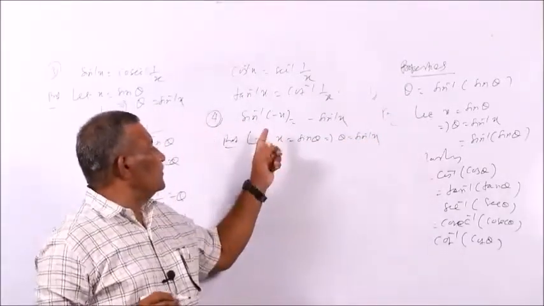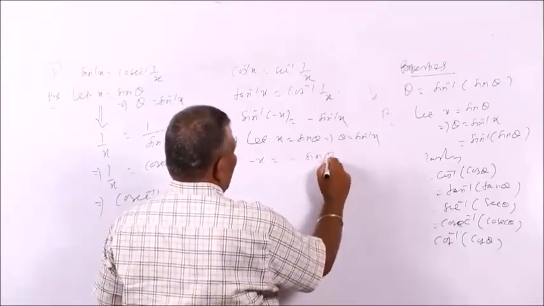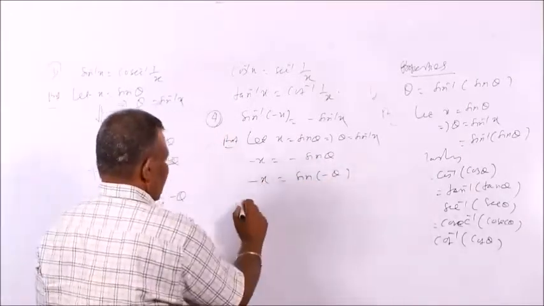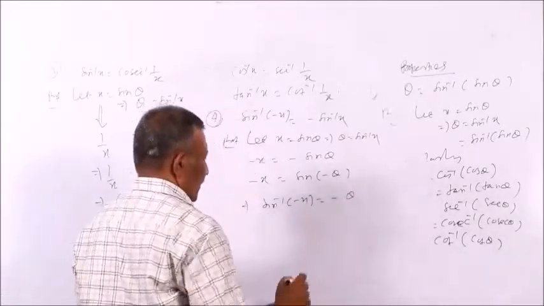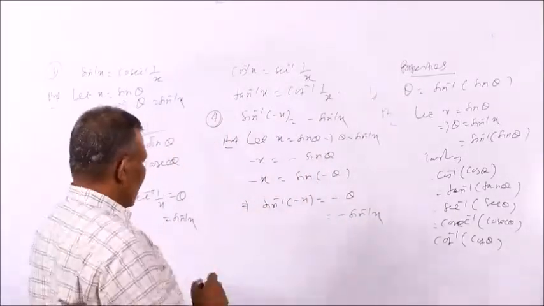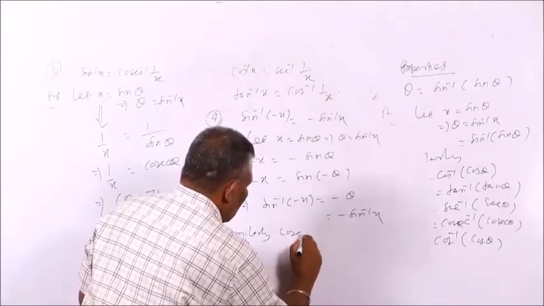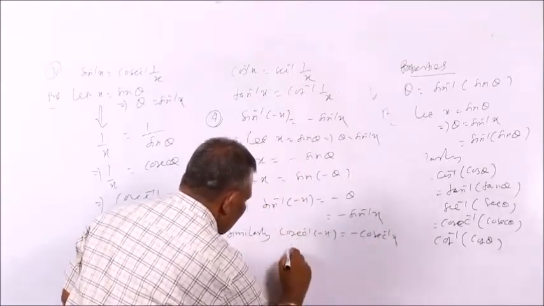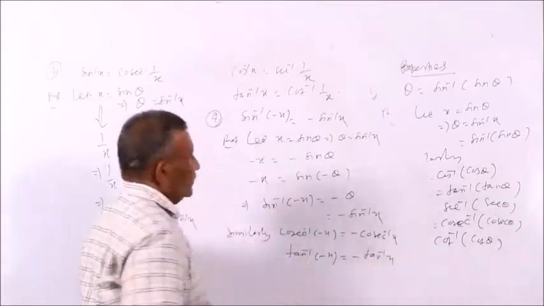Here in the LHS the term inside the bracket is minus x, so we can take minus x equals minus sin theta, that is minus x equals sin of minus theta, that implies sin inverse minus x equals minus theta, that is minus sin inverse x. Similarly, cosec inverse minus x equals minus cosec inverse x, tan inverse minus x equals minus tan inverse x.